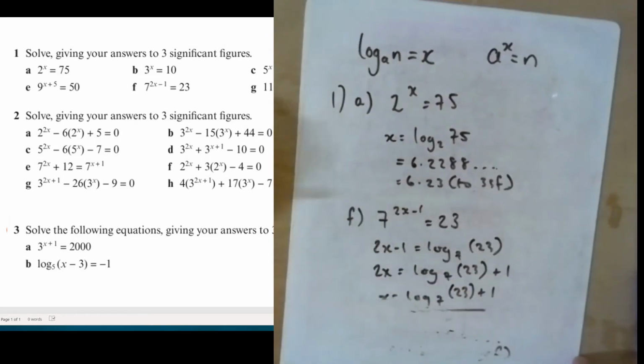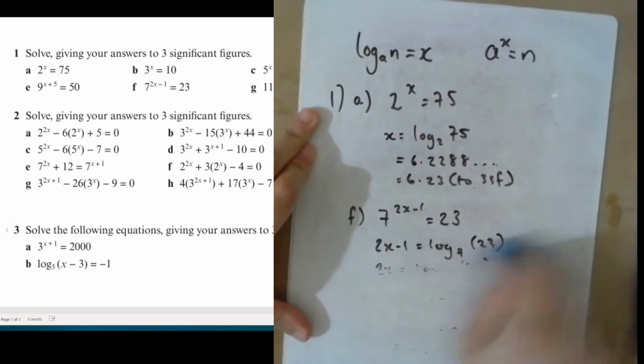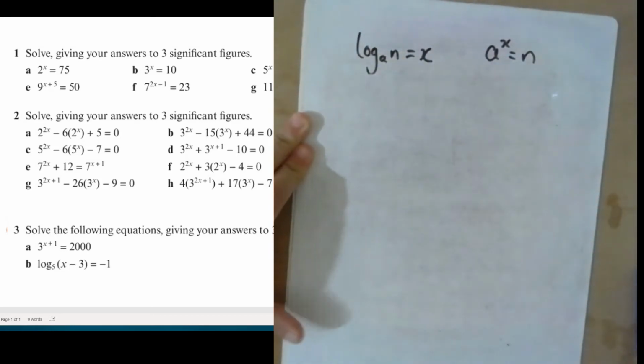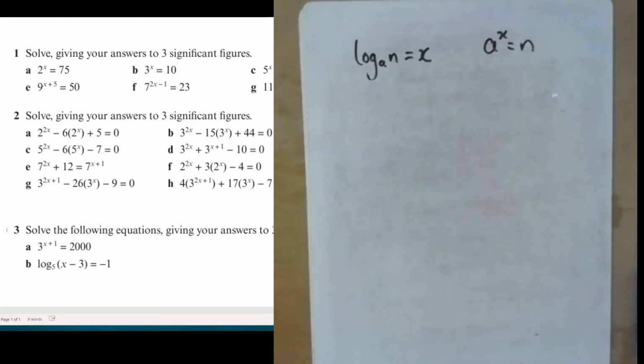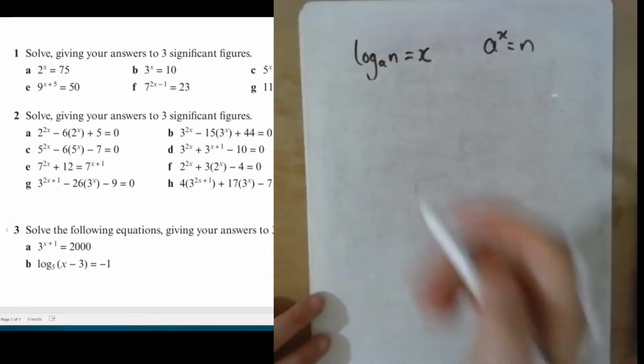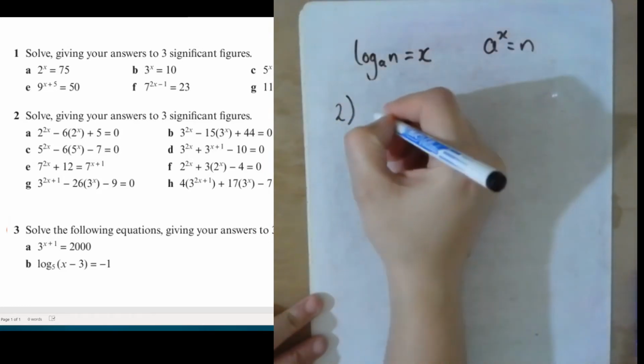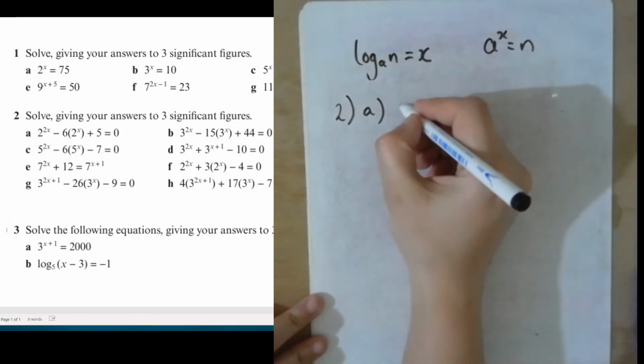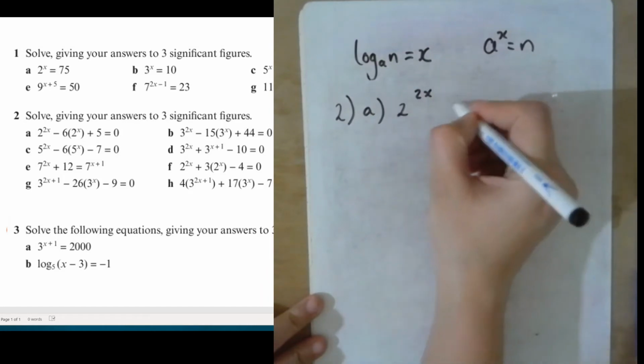Oops, let me just pop the pen down. For question number 2, you're just going to have to start applying your quadratic equation knowledge along with your log knowledge. What a lot of people like to visualize when they're doing this is substitution.